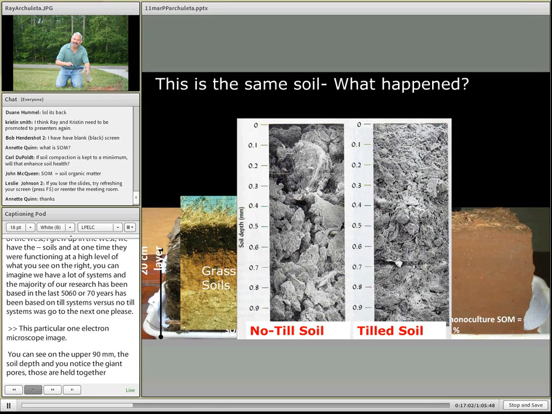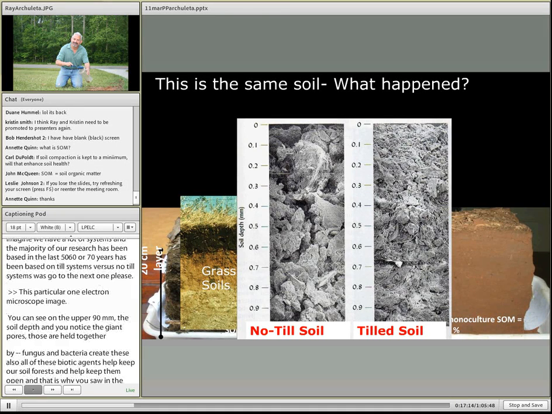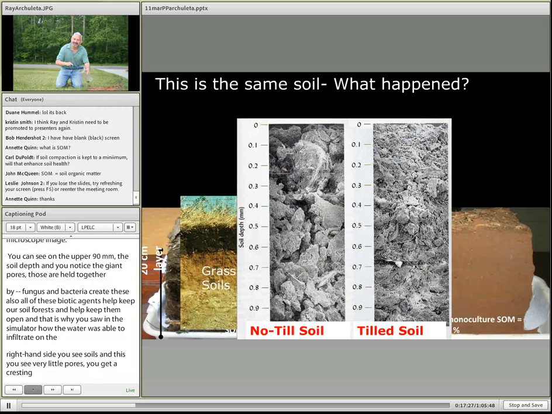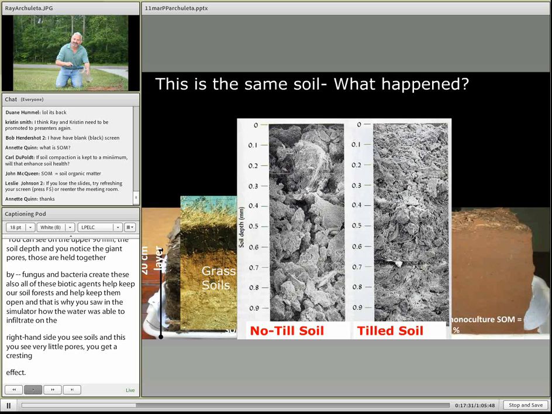That's why you saw in that little miniature rain simulator how the water was able to infiltrate. On the right-hand side, you see tilled soils, the upper 9 millimeters. This soil has very few pores. You get a crusting effect. That's why, when I talk to our landowners and to groups, I say we don't have a runoff problem. We have an infiltration problem in this country. We have a hard time getting the water into the soil. Runoff is a symptom of poor infiltration.